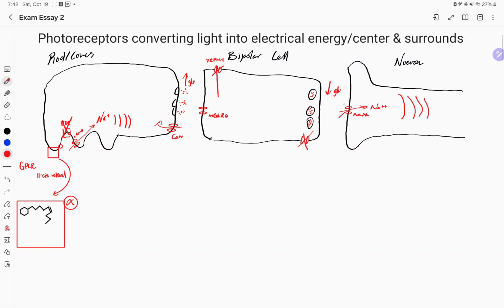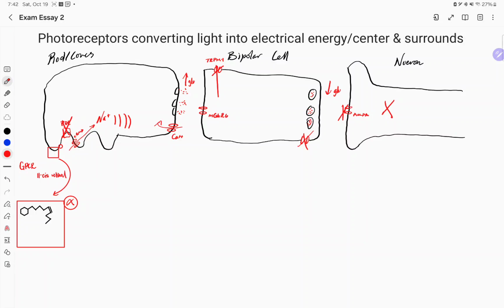And if there's no glutamate to bind to the AMPA receptor, the AMPA channel, then it's closed. And what does that mean? No action potential here in the neuron, which is telling the brain, hey, there's no light.